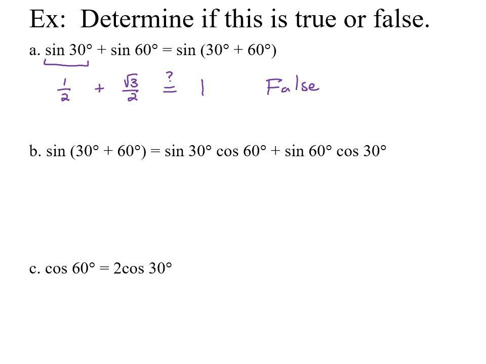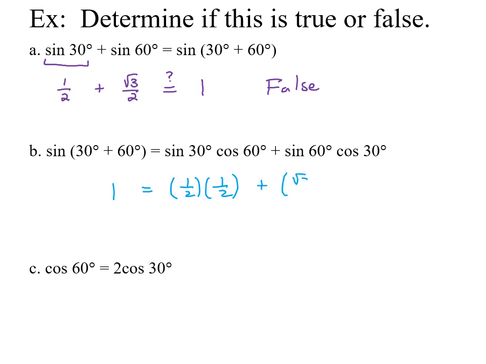And usually the more complicated it looks, the more likely it is to be true. So this next one, sine of 30 plus 60, this first part again is sine of 90, which is 1. Sine of 30 is 1/2. Cosine 60, if you went back to the triangle or the chart, would also give you 1/2.